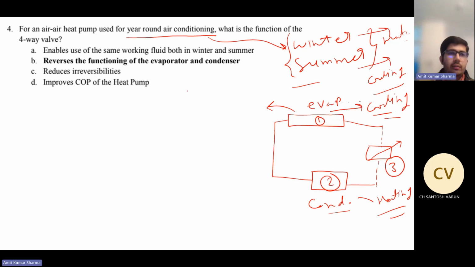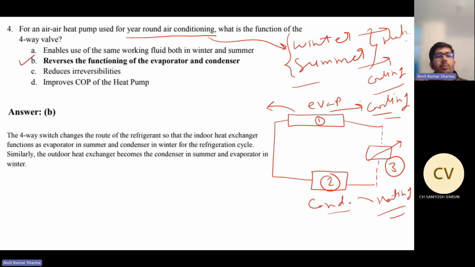What is the answer, Varun, then? It's option B. Okay, so the correct answer is option B, because it reverses the functioning of evaporator and condenser. In winter, we need heating. So the four-way valve acts so that this condenser will do heating, and the effect of this side will come into our room.